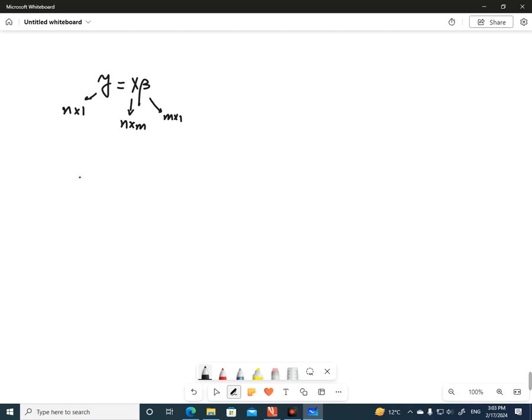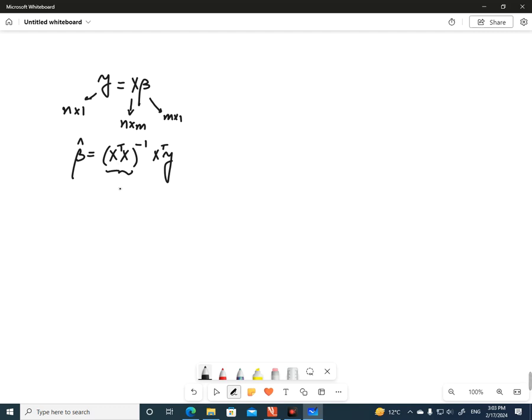From least squares theory, I can estimate beta, and I denote it by beta hat. If X prime X, the transpose of X multiplied by X, is invertible, then I can write the estimate with this formula. But what if X prime X is not invertible and we have rank deficiencies?